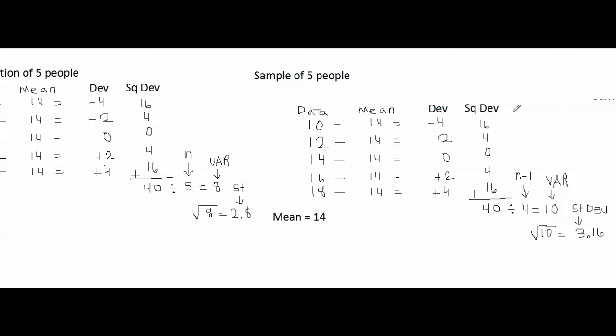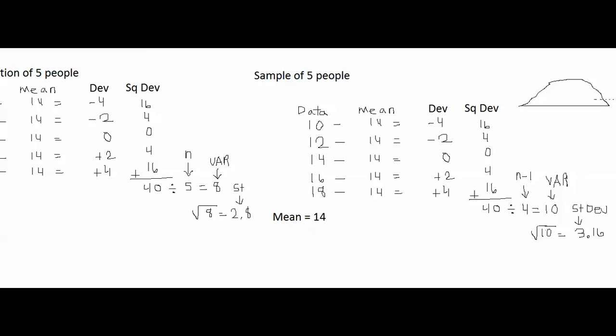The reason why there's this tendency for the sample standard deviation to underestimate the population standard deviation is because the population standard deviation is based on the amount of spread that exists across the entire population, from the lowest person all the way up to the highest person.